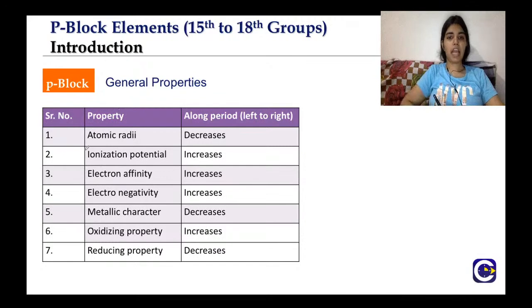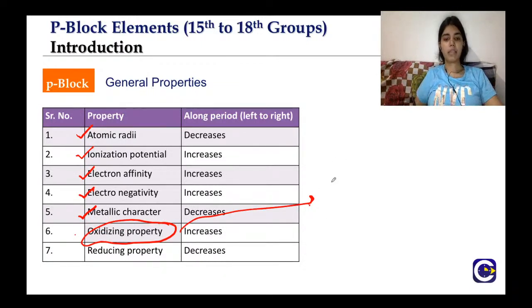We have seen that along the period, left to right, atomic radii decreases, ionization energy increases, electron affinity increases, electronegativity increases, metallic character decreases, and the oxidizing property. Now this is important. Oxidizing property means the tendency to oxidize others or reduce themselves.